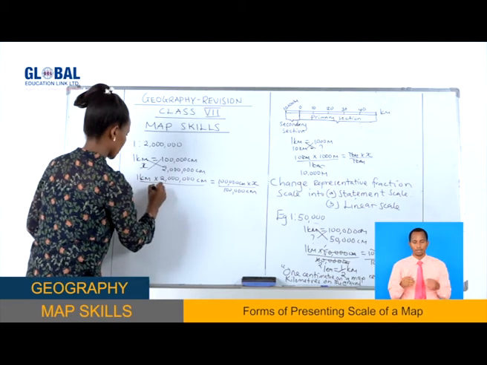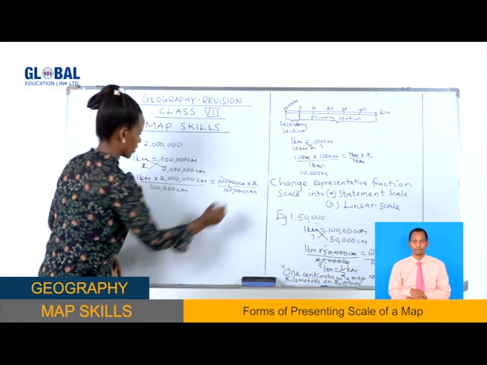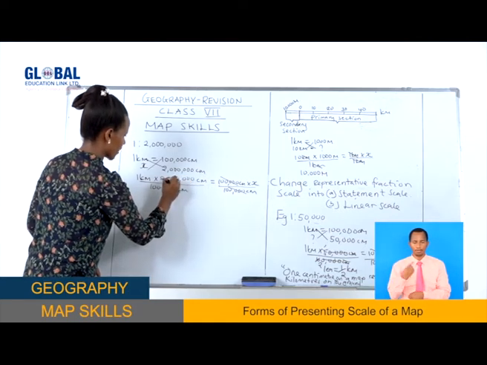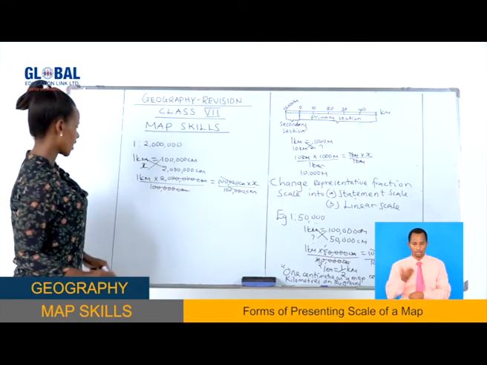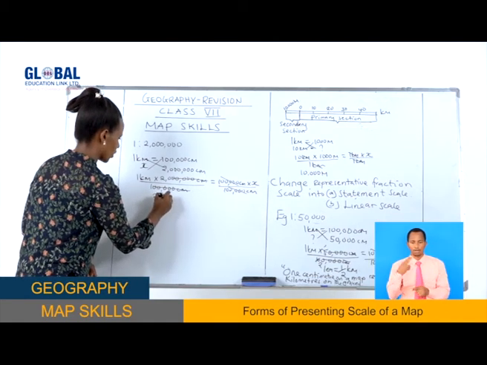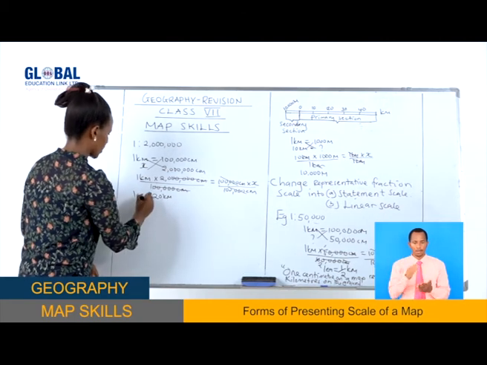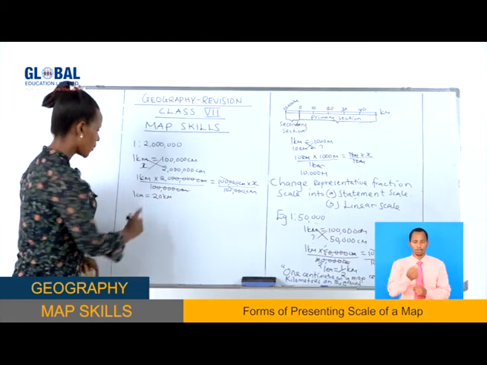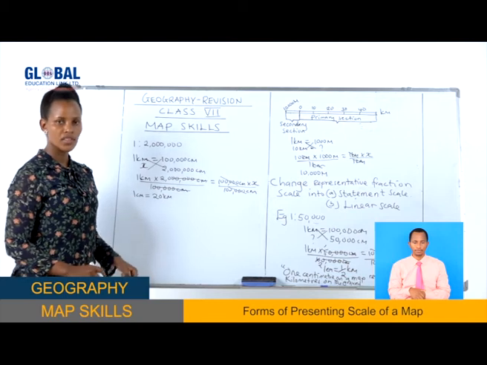Divide by 100,000 centimeters. This one and this one have gone. Then 1, 2, 3, 4, 5 zeros, this one 5 zeros with centimeter also. We cancel them. 1 kilometer times 20. It is 20 kilometers. That means 1 centimeter represents 20 kilometers. So here, because it is represented with an equal sign, you have to write in words.